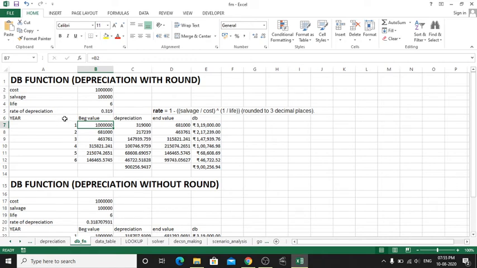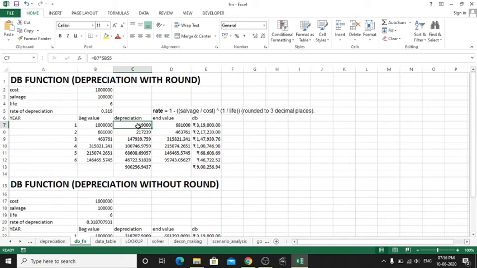Here the columns are categorized into 5: year, beginning value, depreciation value, end value and the DB value. As a beginning we have the cost, 10 lakh. And how can we calculate the depreciation?